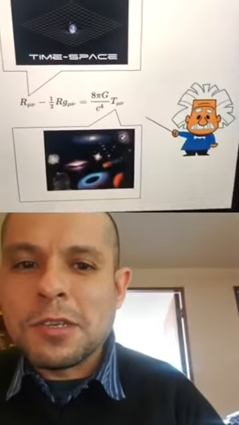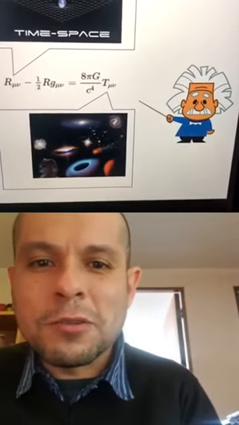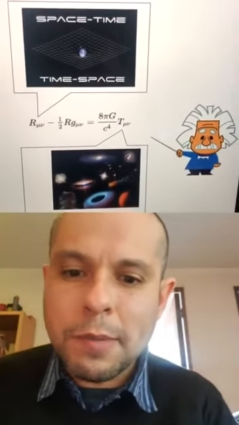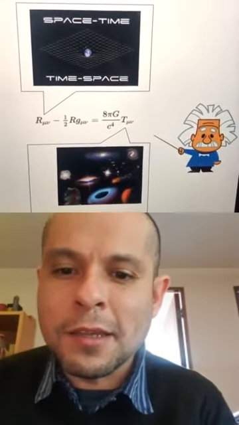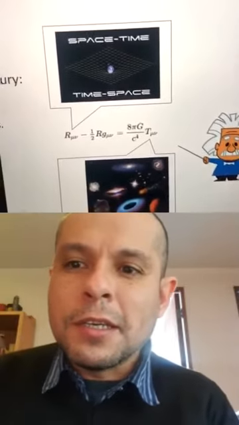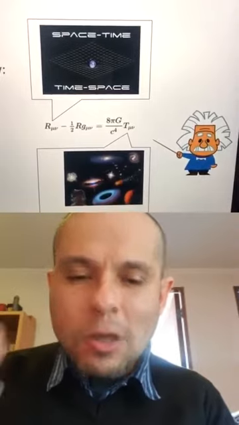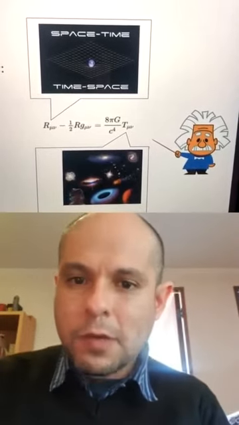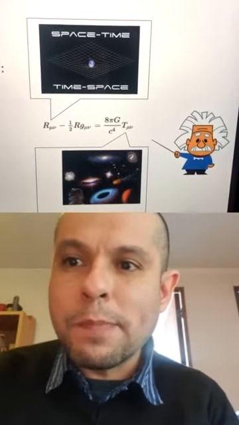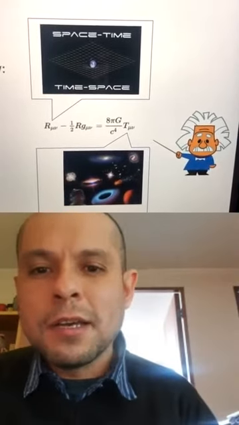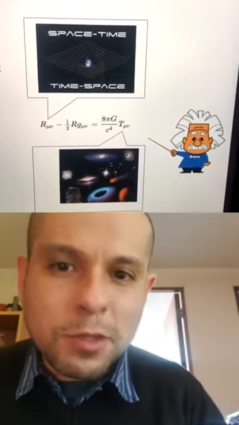You see cartoonish Einstein, and the beauty of this equation is that it relates the mass, the content of the universe, and the energy of the universe with the space-time curvature given by those R's. For that reason, it's beautiful.